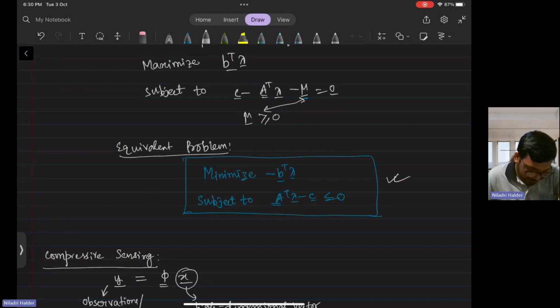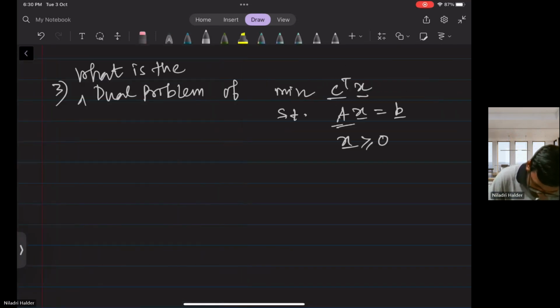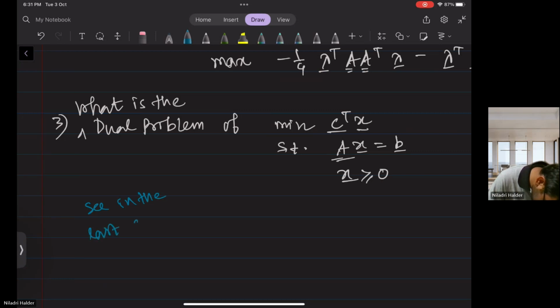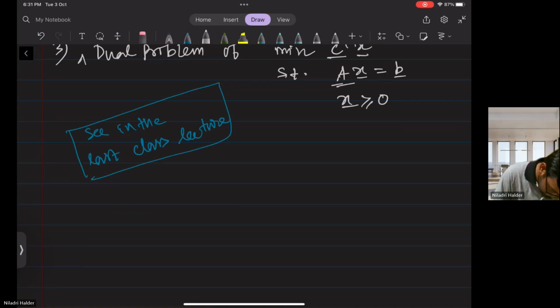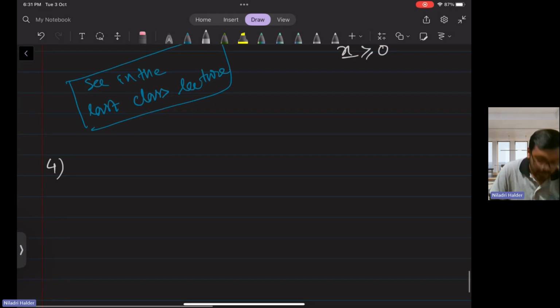Okay. After that we need to see the optimal power allocation for the frequency selective channel.